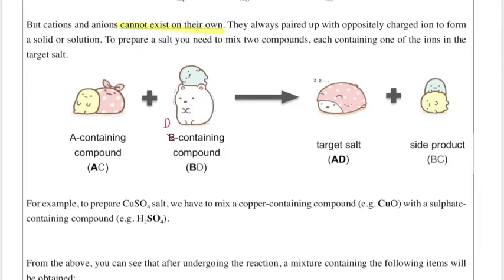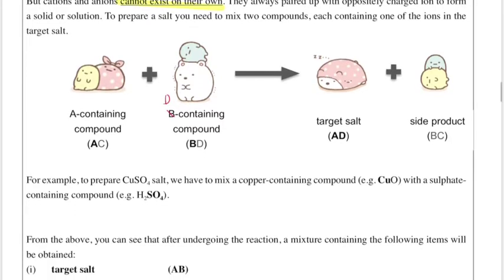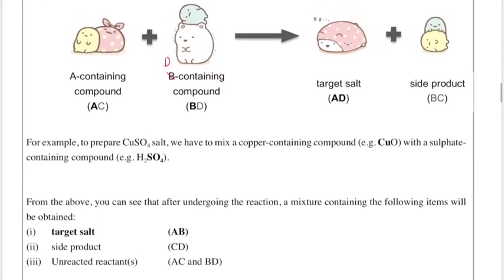Okay, so of course we need to remove the side product, but here I also want to mention that unless we put in just the right amount of the two reactants, otherwise we will have some of the reactants in excess, and we also need to remove them in order to get the pure target salt AD. Okay, so that's the first part we need to consider.